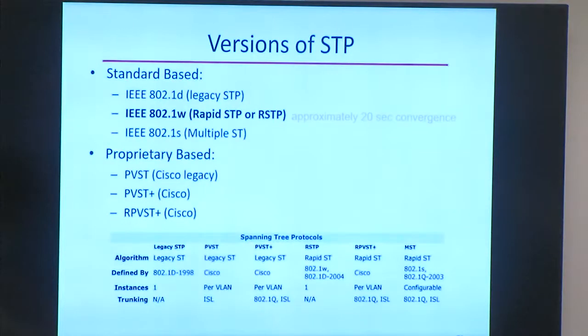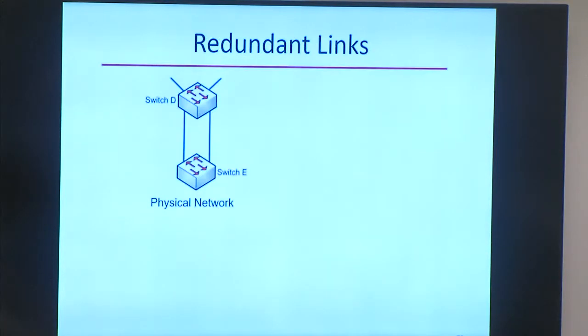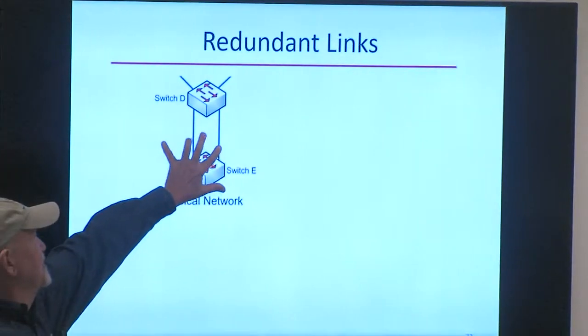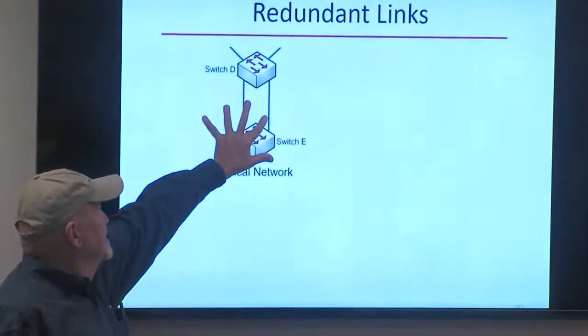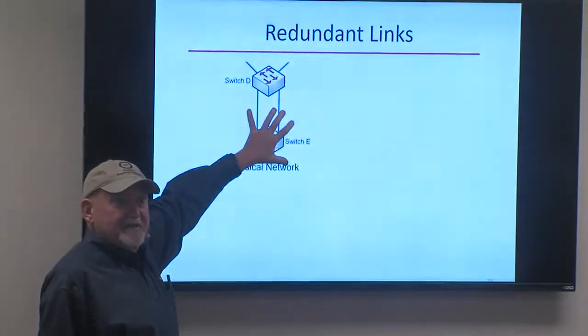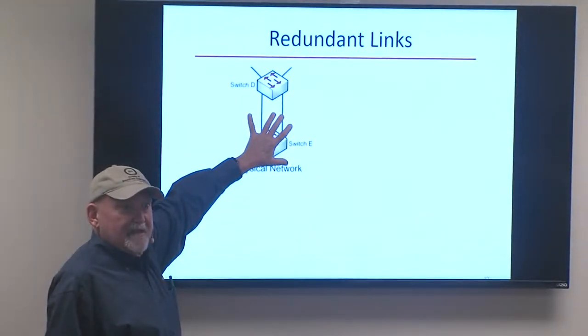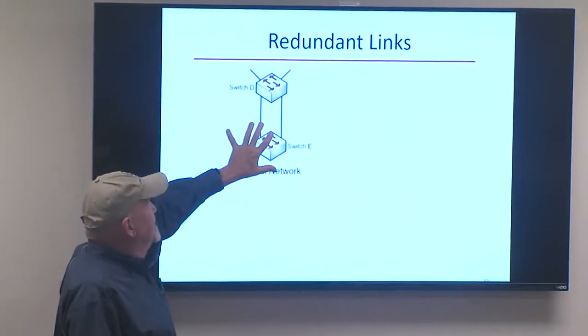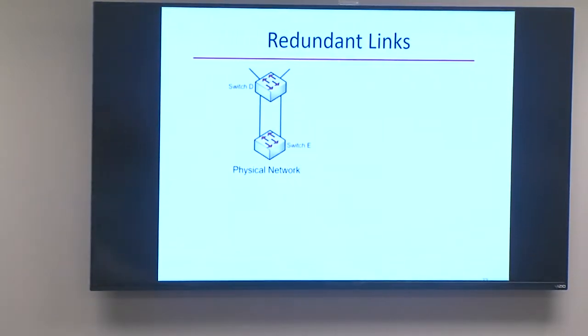Let's get back over here. I might want that. That actually could be good. I have multiple links, so I have redundancy, but maybe I want some more bandwidth between these two switches. Wouldn't it be kind of nice to bond that bandwidth together? We can do that.